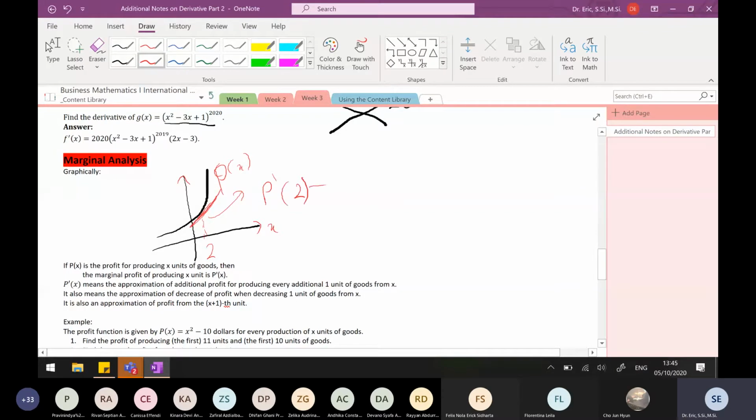And P prime 2 is just a number. I don't know what number, it is just an ordinary real number. And what does it mean?